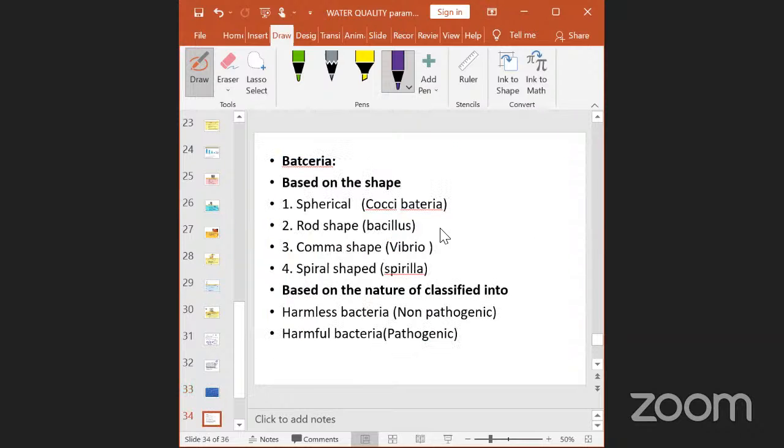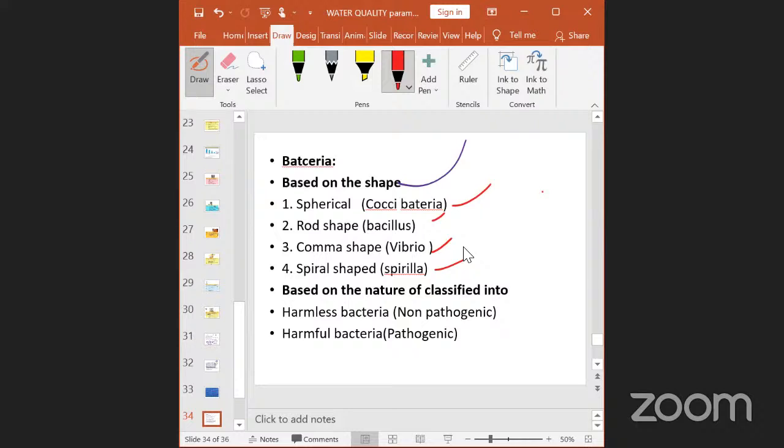Bacteria are classified into 4 types based on their shape. We have spherical bacteria, rod-shaped bacteria, comma-shaped bacteria, and spiral-shaped bacteria. These are the shapes of the bacteria.